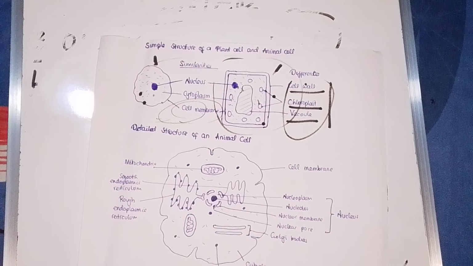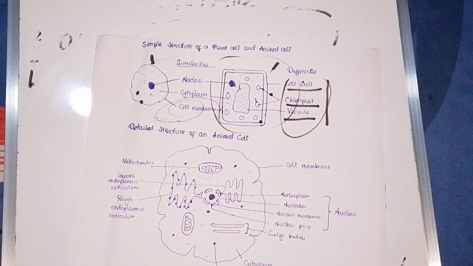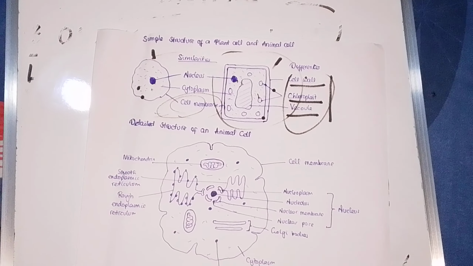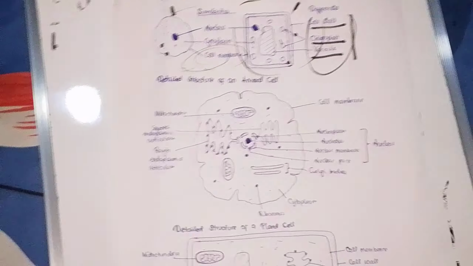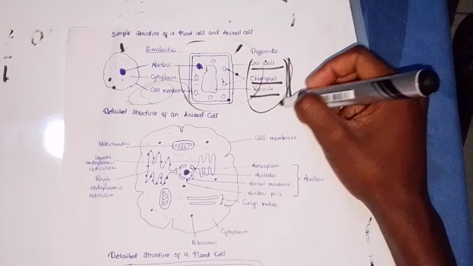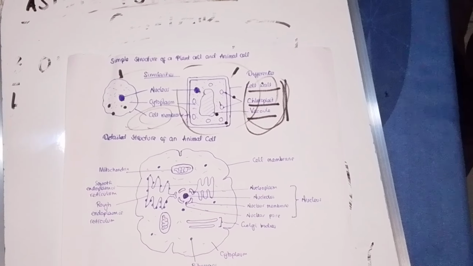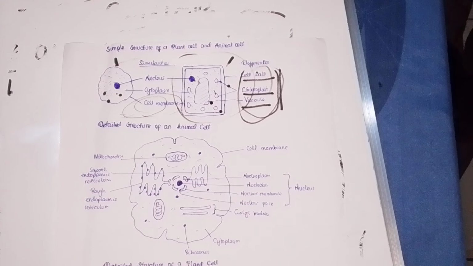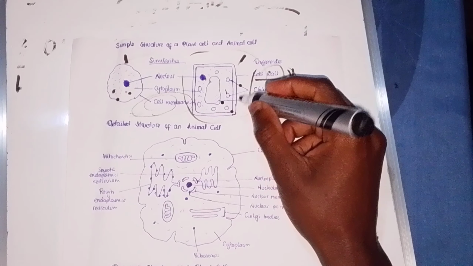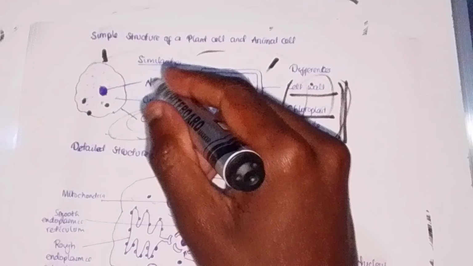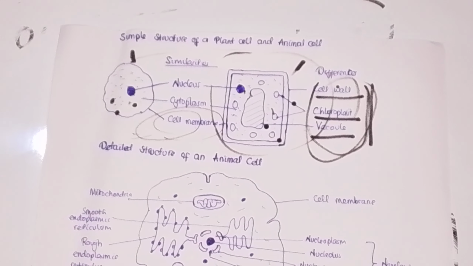If you are asked in the exams to state differences between a plant cell and an animal cell, you can say the differences in terms of these structures that are found in the plant cell but not in an animal cell. You can also say a difference in terms of their structure. A plant cell's structure is regular, while an animal cell's is irregular.